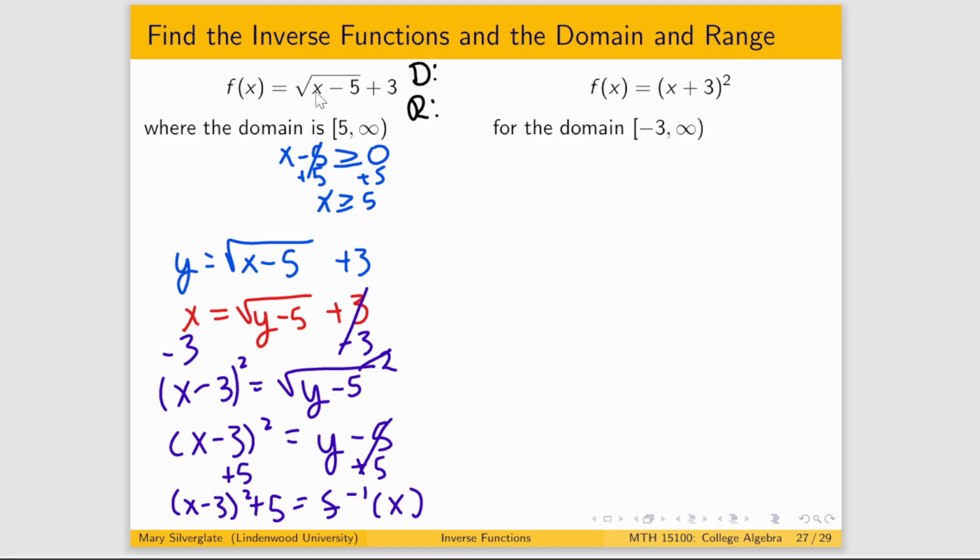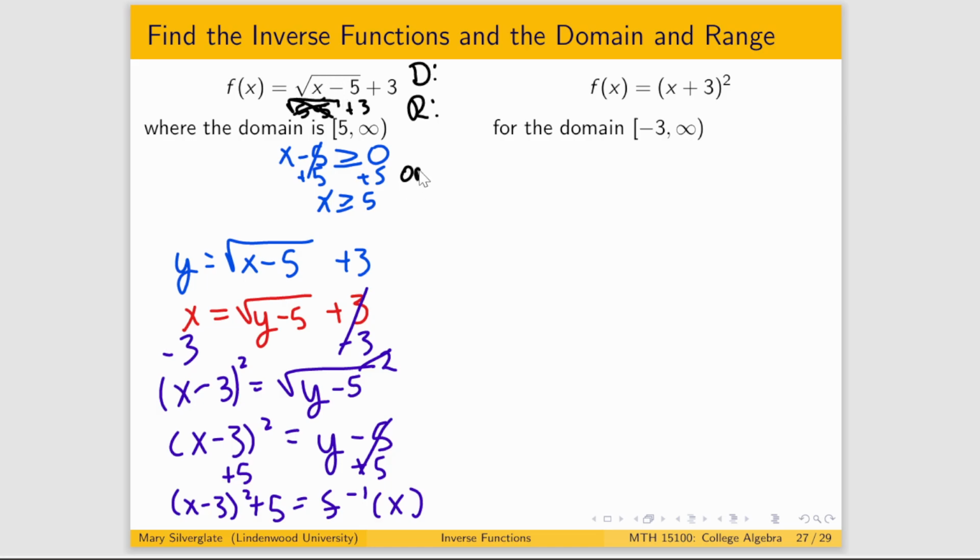Because if I plugged in 5 exactly, the square root of 5 minus 5, well, 5 minus 5 makes 0, and I'm left with 3. Is there any way that this function will possibly get smaller than 3? There is not. Because whatever I plug into this square root, he's going to just keep on getting more and more positive.